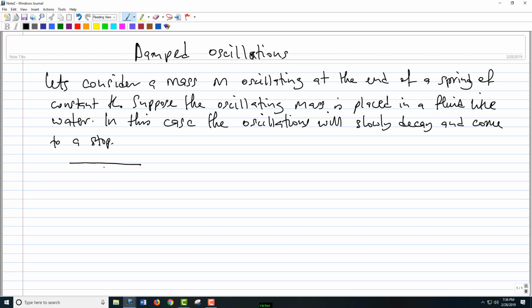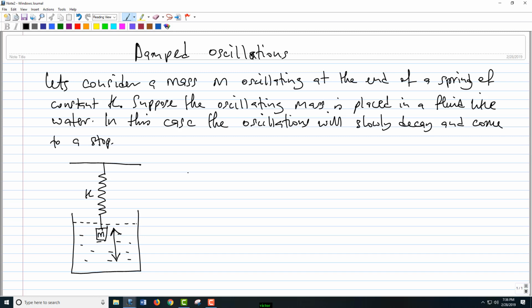So the system is shown here where we have the mass at the end of a spring of spring constant K. So this mass is M, the spring has spring constant K, and we place it in a container of liquid, perhaps water. And so the system is going to oscillate back and forth in this liquid.